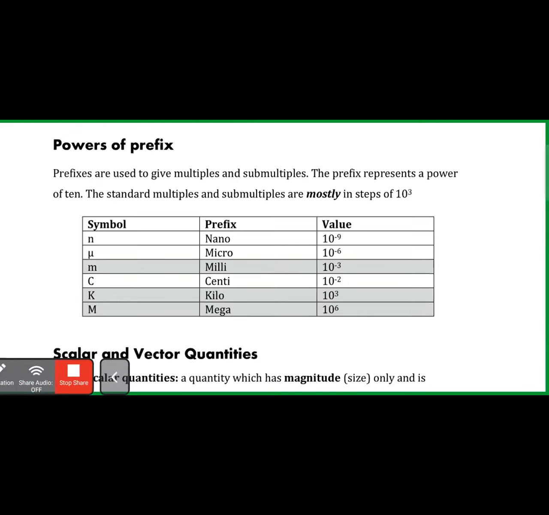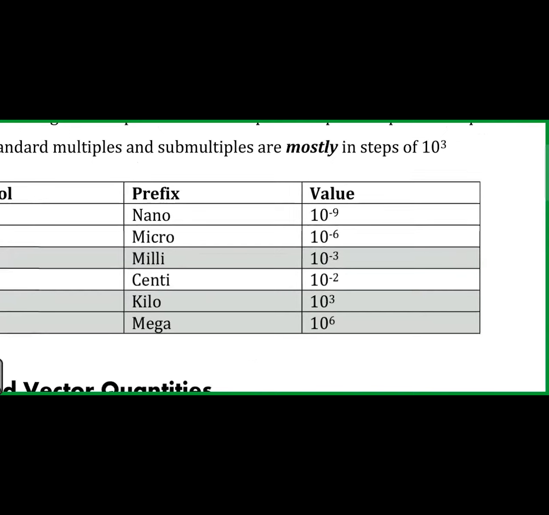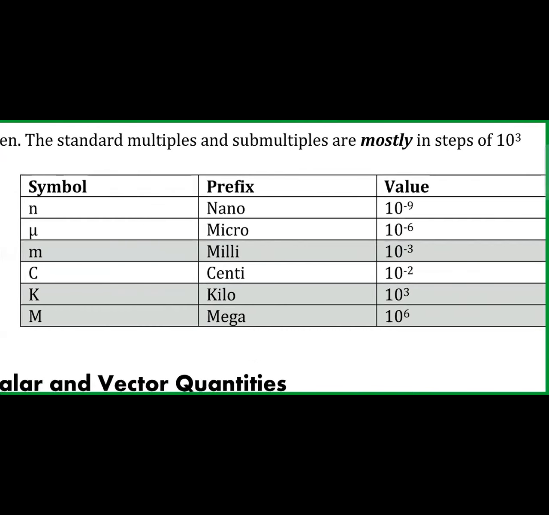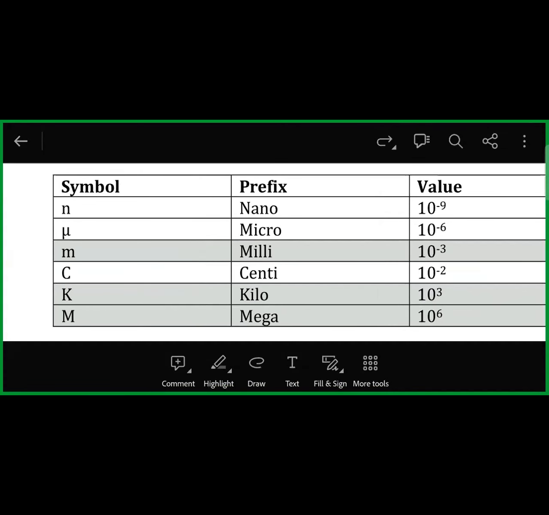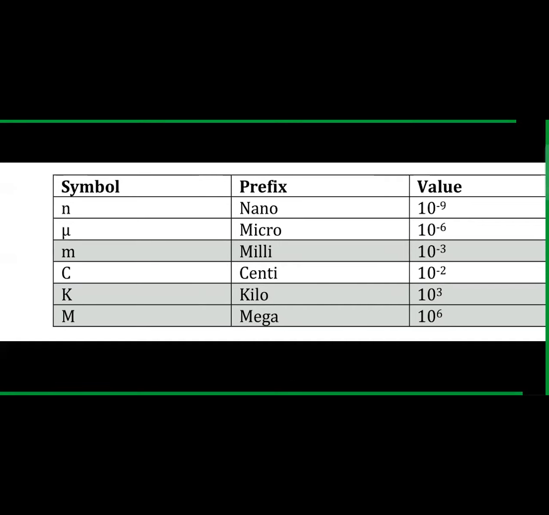As you see, there is nano, 10 power of negative 9 of the unit; micro, 10 power of negative 6 of the unit; milli, 10 power of negative 3 of the unit. What's the meaning of what I show now?